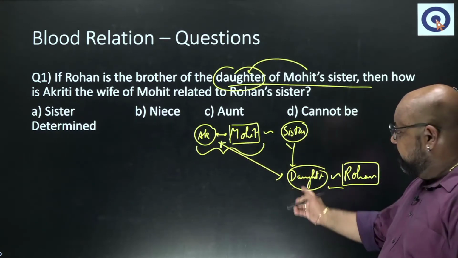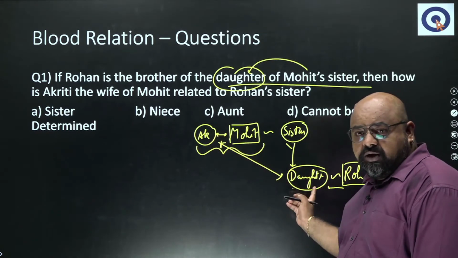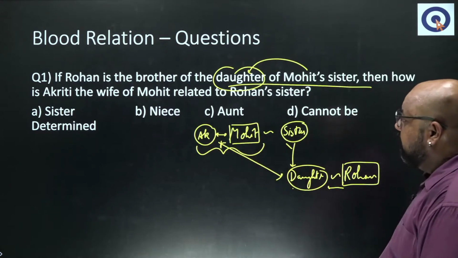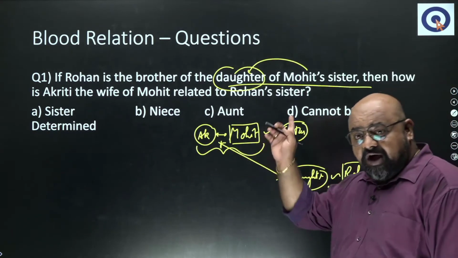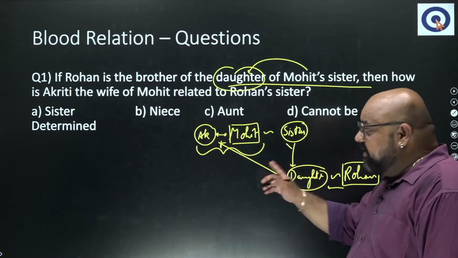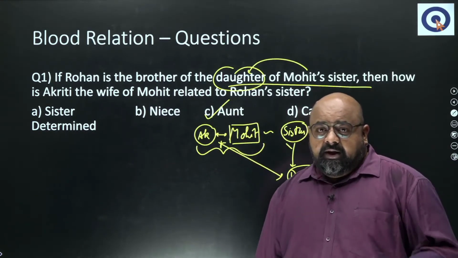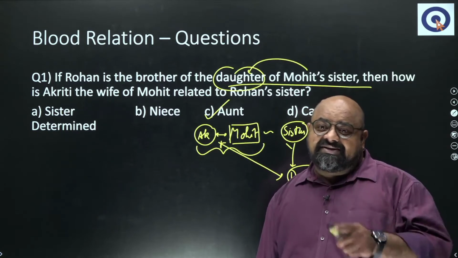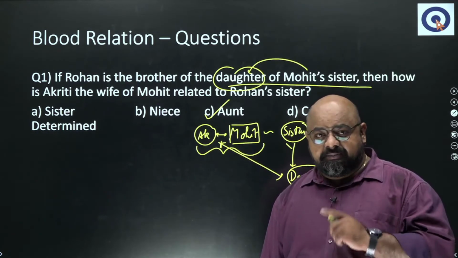As you can clearly see, Akriti is the aunt of Rohan's sister, right? Since it asks the relationship of Akriti with this daughter, therefore the answer becomes Akriti is the aunt, right? If the question was how is Rohan's sister related to Akriti, the answer would have been the opposite, which is niece. Question number 1.